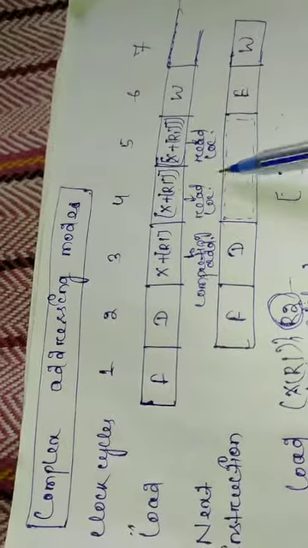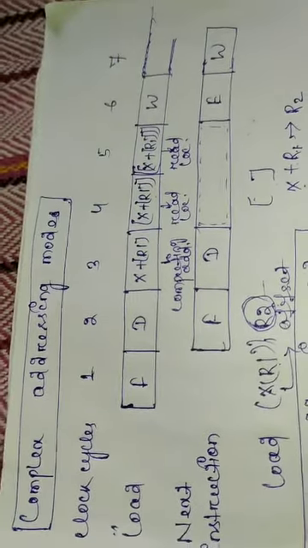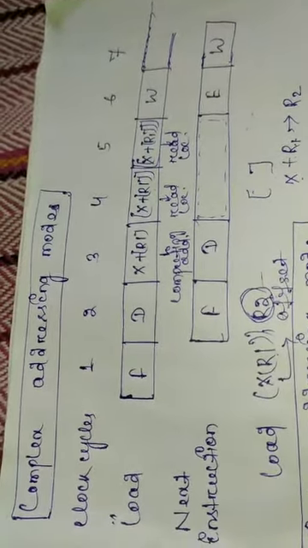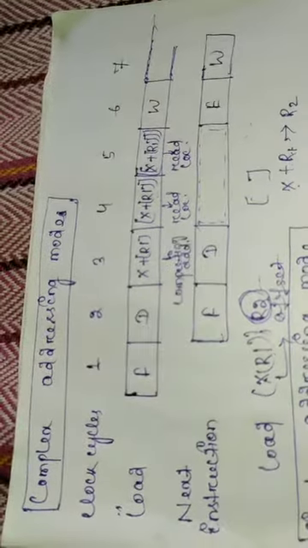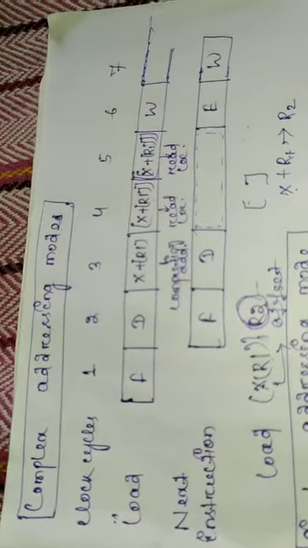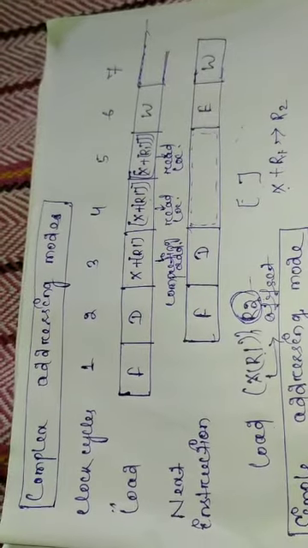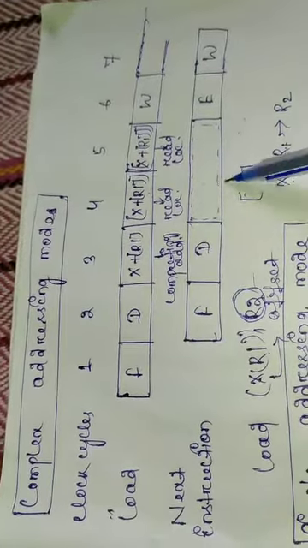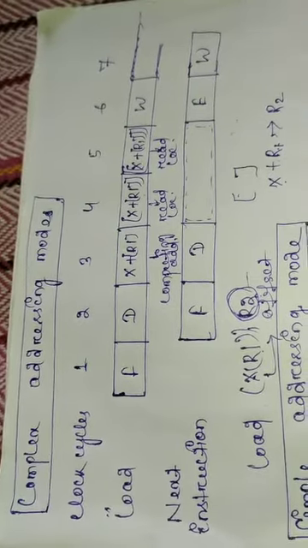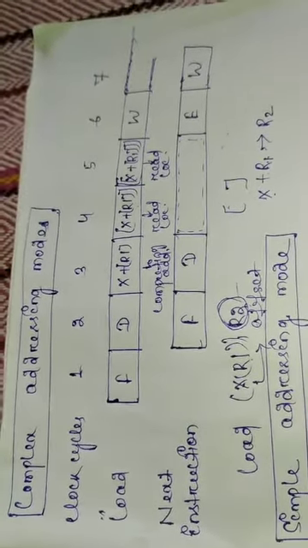Here I am already reducing 2 clock cycles by using the operand forwarding concept, which we have already discussed in the previous lectures. By operand forwarding we can reduce it to 2 clock cycles, but the minimum will be 2. We cannot reduce more than that.